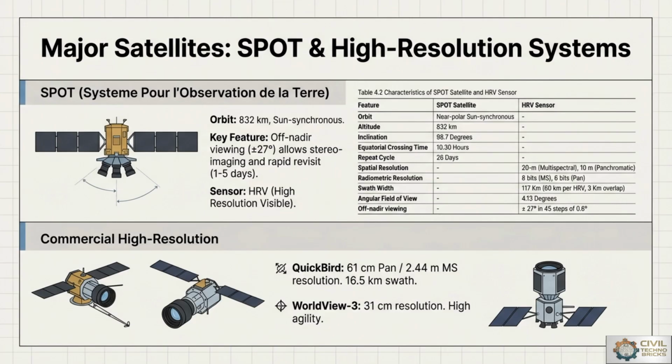From the commercial high resolution point of view, QuickBird and WorldView provide sub-meter spatial resolution. These systems support detailed engineering survey, corridor mapping, and urban infrastructural planning. These are the characteristics of SPOT satellites and HRV sensors, that is, high resolution systems.